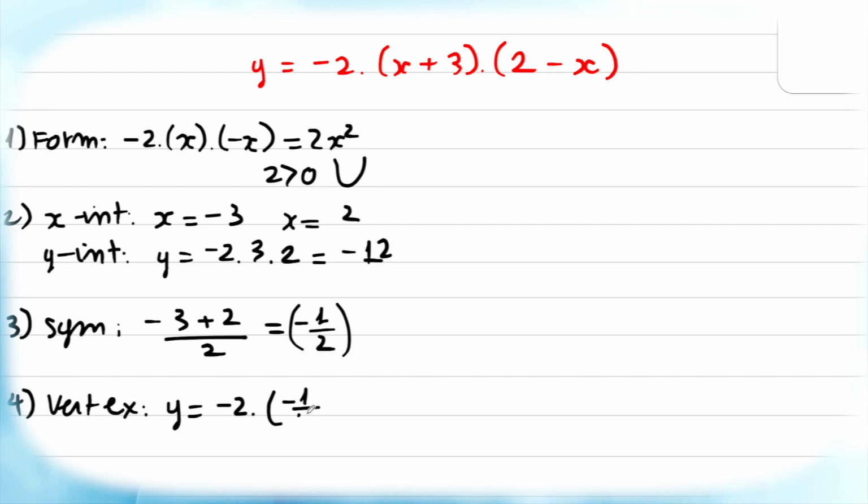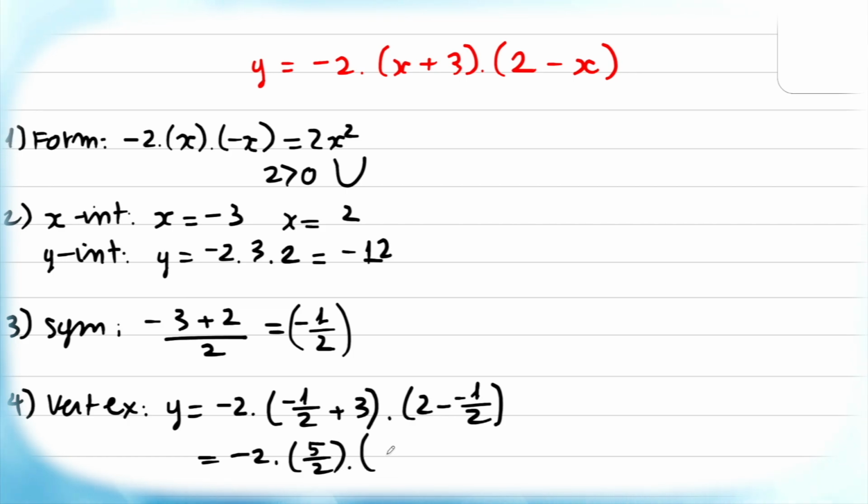Minus 1 over 2 plus 3 and minus 1 over 2 minus 2 here. So here is minus 2, this one will be 5 over 2, and this one will be 5 over 2. So here, minus 25 over 2.